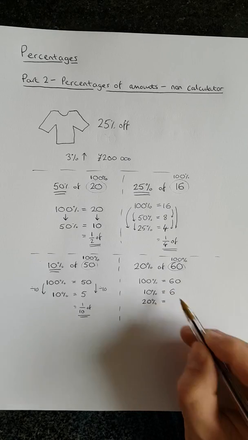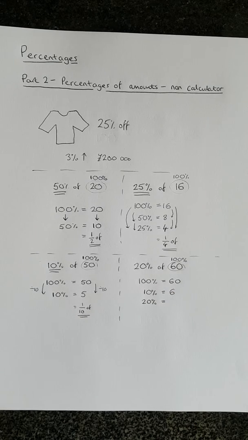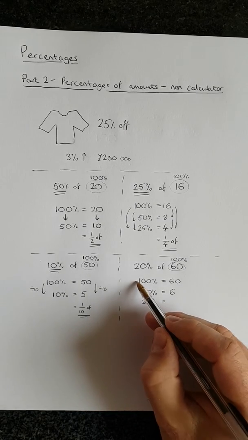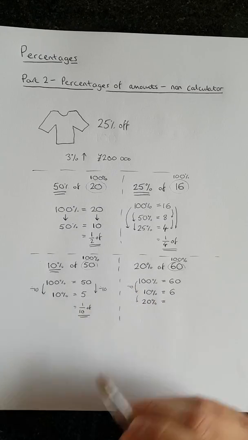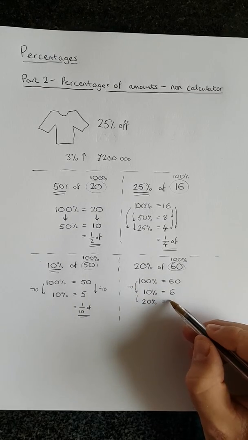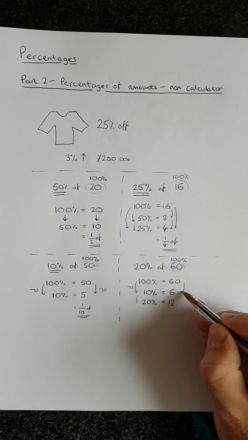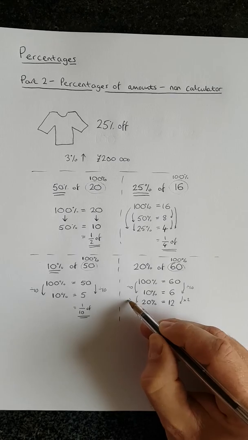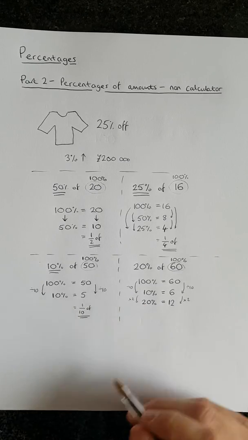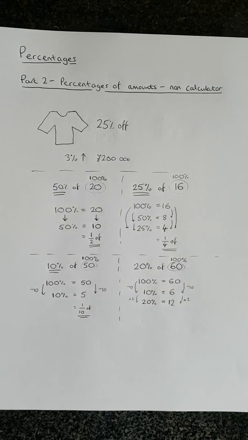It will be 6. So what will 20% be? Well, that's twice as much, so it's going to be 12. Now, you can see how you can use things like 10% to work out other percentages.